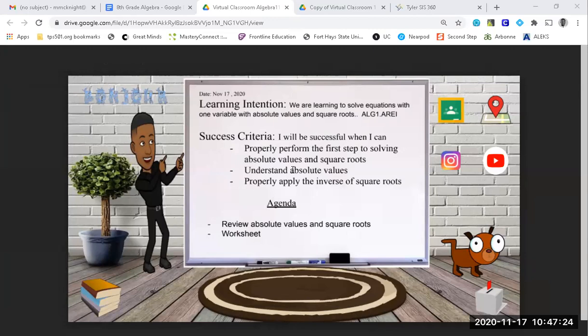But also applying the inverse of square roots the right way. If we go back to those two questions we answered, one of them had square roots, and we talked about applying the inverse, which is squares, and we also focused on what the first step is that we're going to take and why.